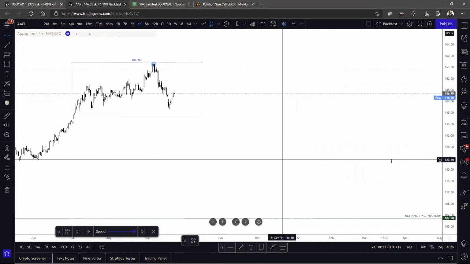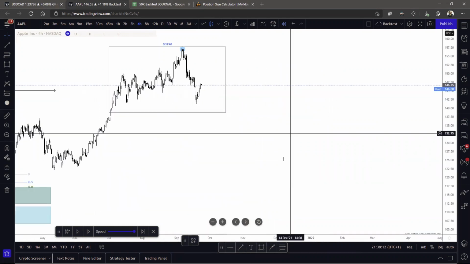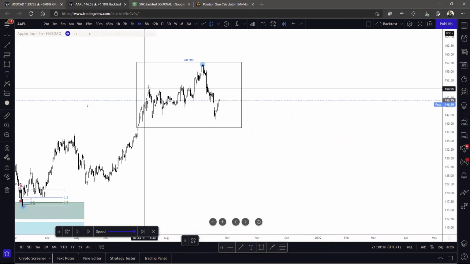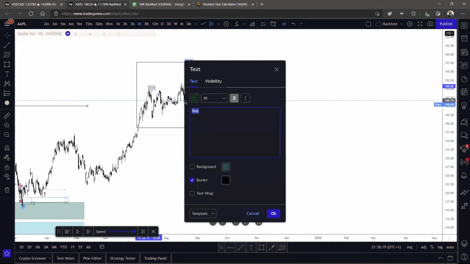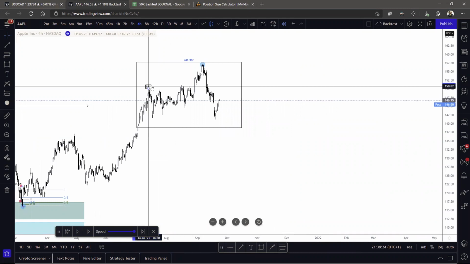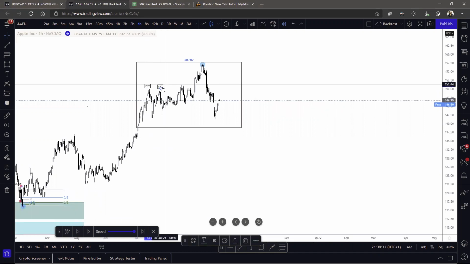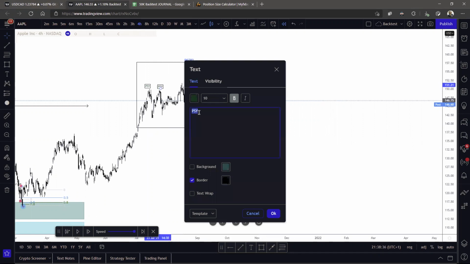This is our distro, right? It's actually quite a nice one as well. It's on a higher time frame, like a 4 hour as well. Nice.